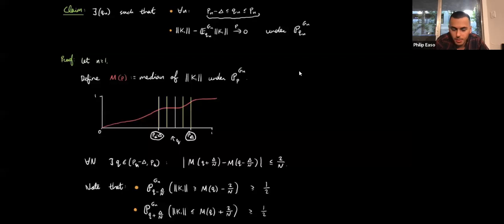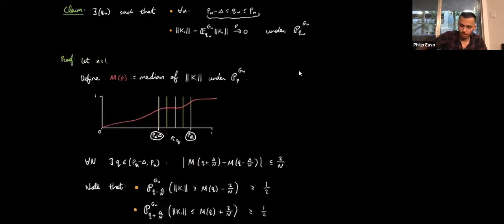So, by the pigeonhole principle, you can always find this parameter where this increase is at most order 1 over n, just because the median is non-decreasing and takes values between 0 and 1. Now note that, immediately by the definition of the median, if you're at Q minus delta over n, then with probability at least a half, the largest cluster has density at least the median at Q minus 2 over n.